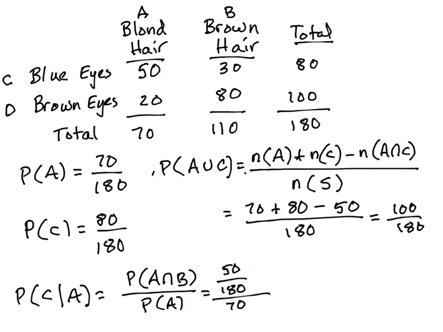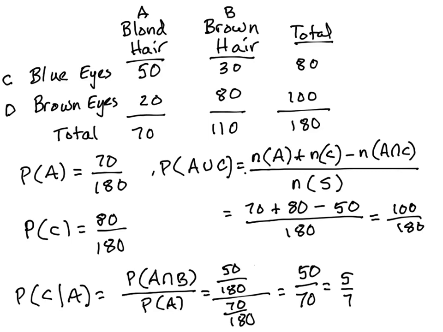But notice that it reduces down to 50 over 70, which is just the probability of blonde hair and blue eyes divided by the probability of everybody who has blonde hair. And so what we get is 5/7.